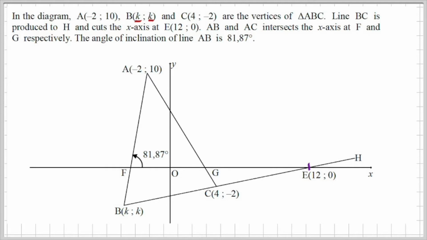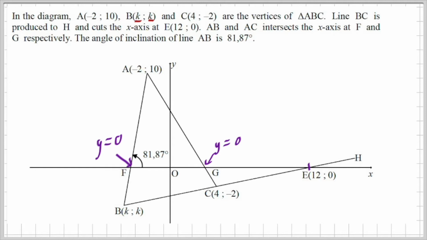Then as well, they tell me that AB and AC intersect the x-axis. So at both of those places, F and G, y is 0. Kind of important, but we are not exactly sure at the moment where this is going.